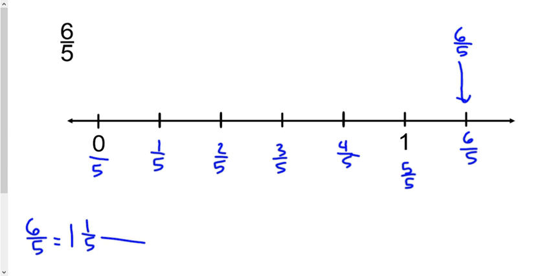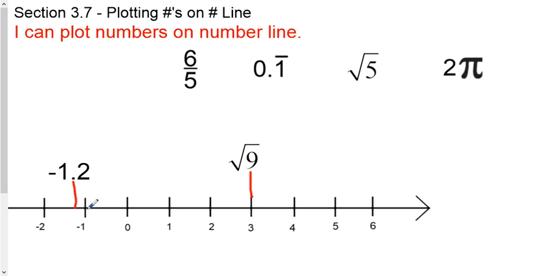Now, I want you to remember how we turned 6/5 into a mixed number, 1 and 1/5, because we're going to go back to the previous screen and actually fit 6/5 into, let's see, there's probably 1/5, 2/5, 3/5, 4/5, 5/5. We know that 6/5 goes right here. I'm going to just draw a line straight down there, so that way everybody knows exactly where that one goes.